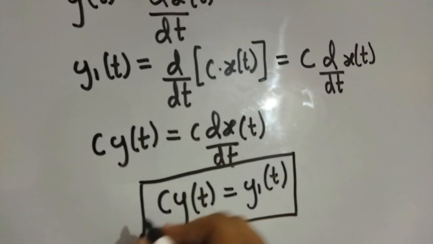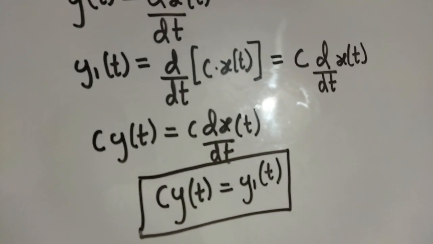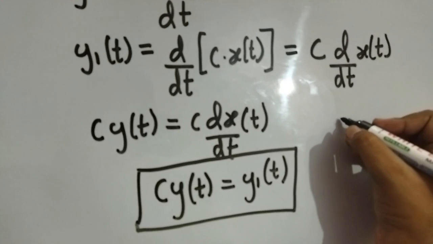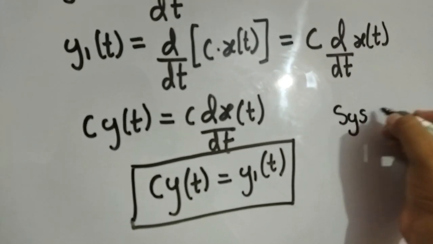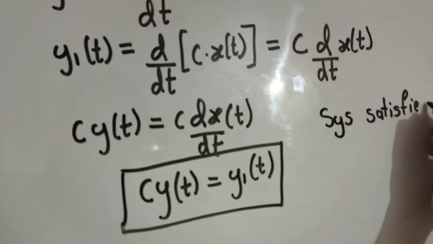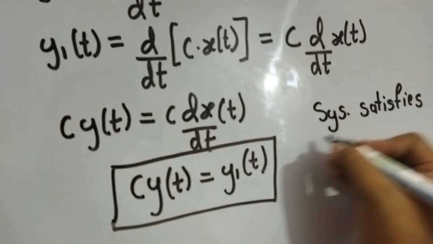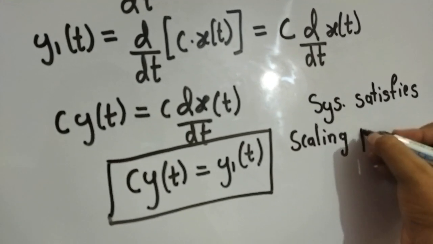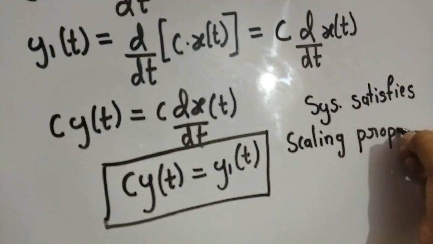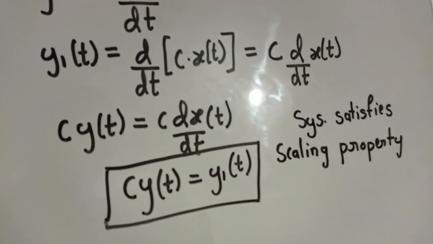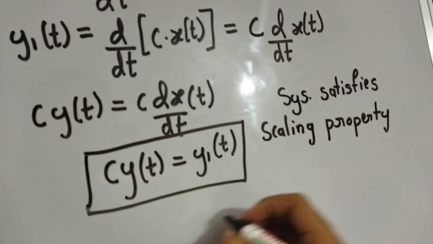So we can finally say that the system satisfies the scaling property, and as the system satisfies both properties, we can say the system is a linear system.